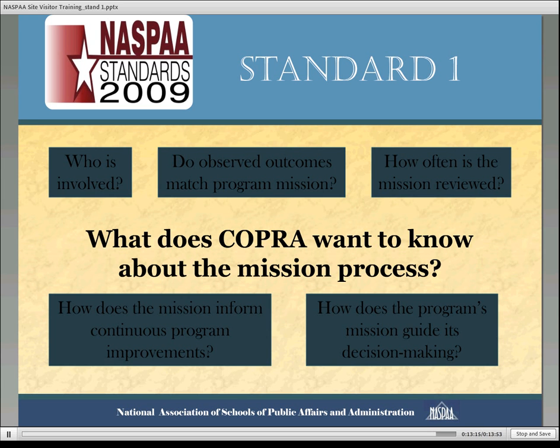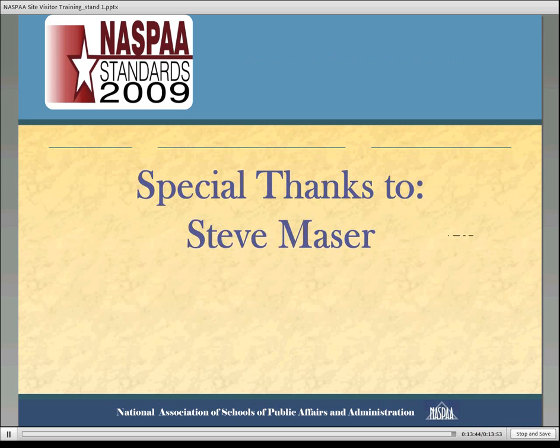Standard 1 sets the stage for the entire accreditation process. If the program doesn't have a strategy with observable performance measures, it's hard to do any other kind of performance assessment on the program. So it's important, Standard 1, to know that there's a process in place for systematically creating, reviewing, updating the mission and the strategy, and then the performance of the different elements of the program consistent with that.